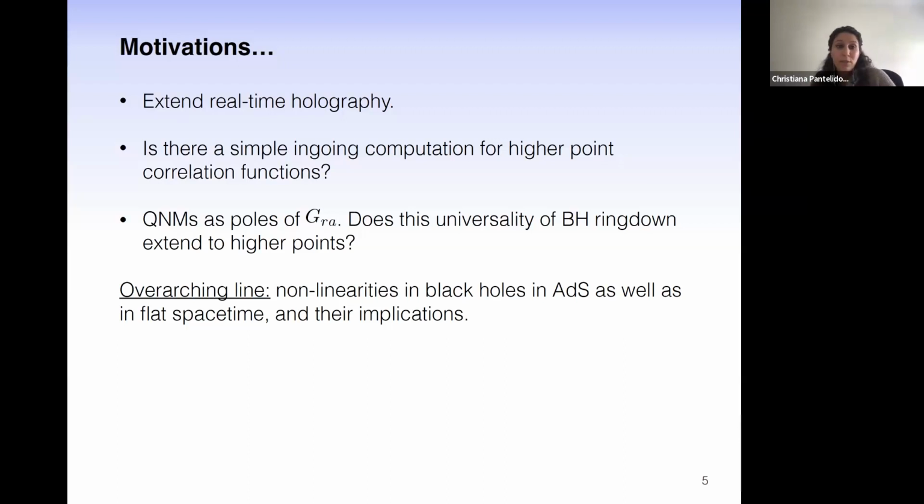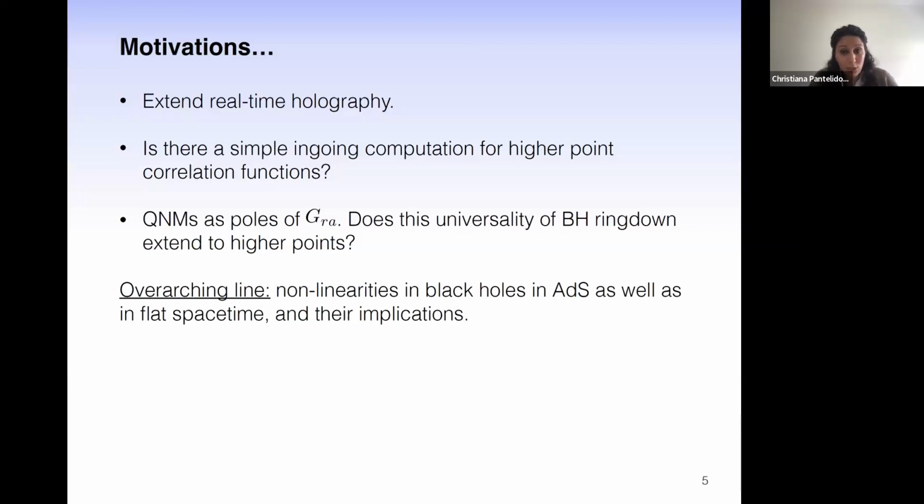That's the first motivation. The second motivation is we want to understand whether the simple ingoing prescription that Son and Starinets gave us for two-point functions, whether we can also use it when we're computing higher point functions. And as we'll see later on in the talk, the answer to this question is yes.